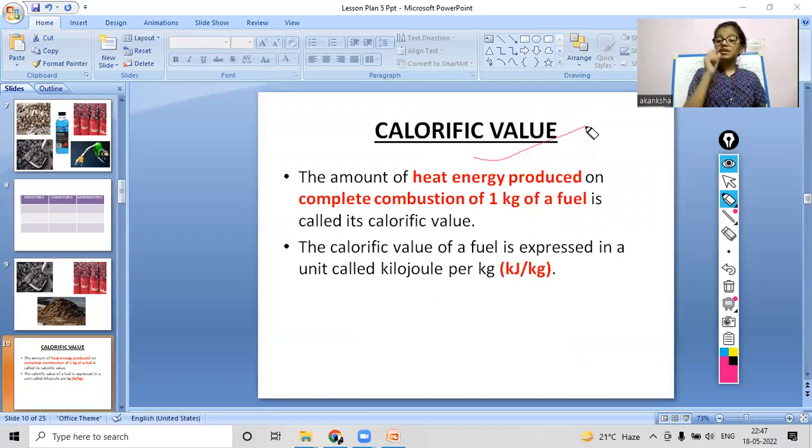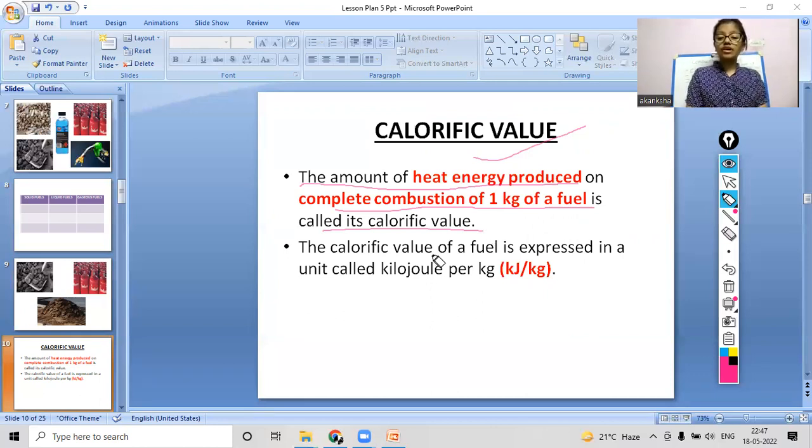So now we will see the definition. What is the definition of calorific value? The amount of heat energy produced on the complete combustion of 1 kg of a fuel is called the calorific value. The amount of heat energy produced on complete combustion of 1 kg of a fuel is called its calorific value.